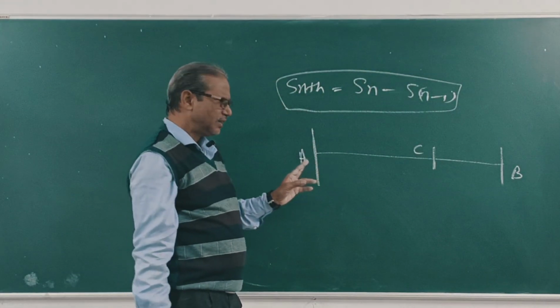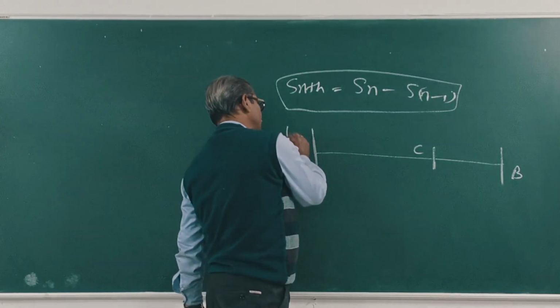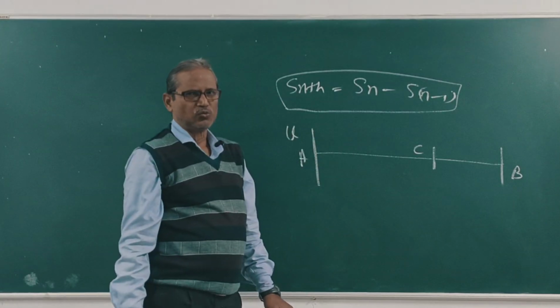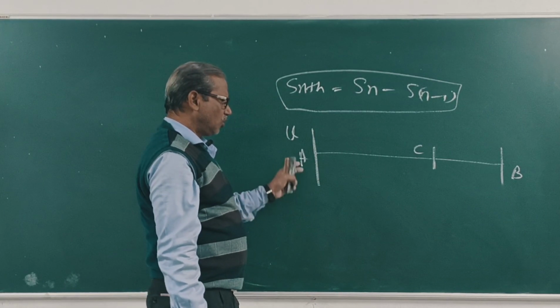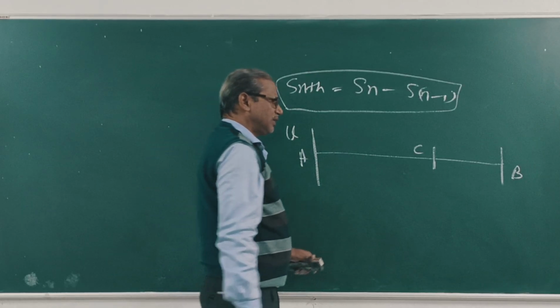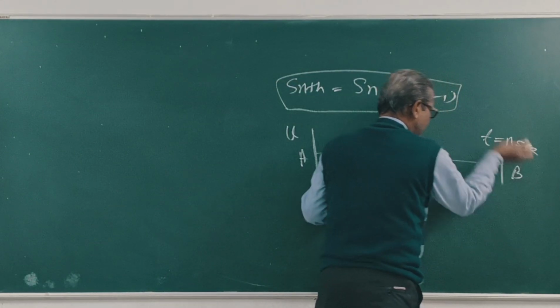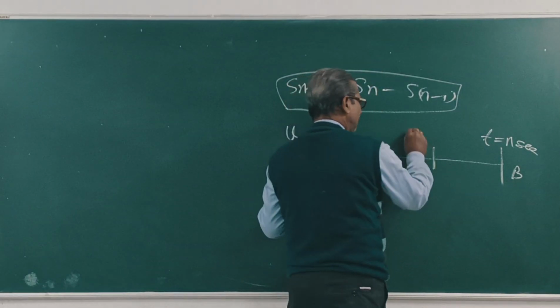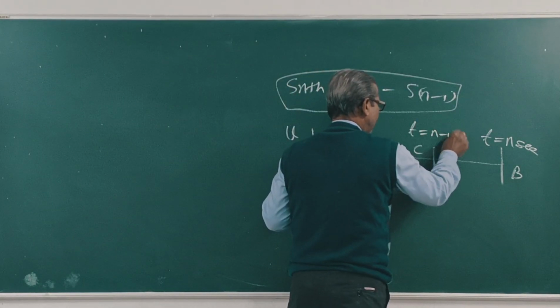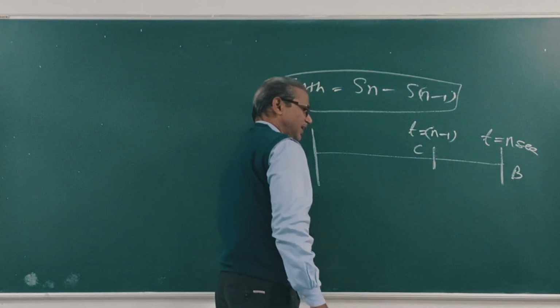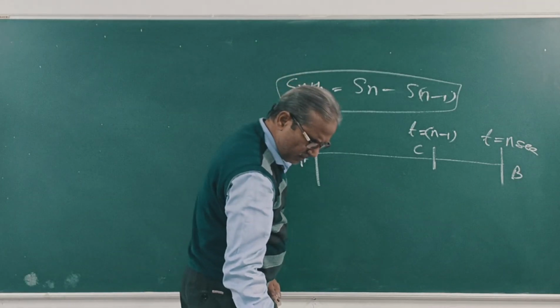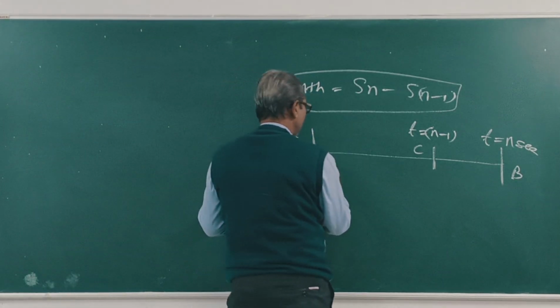At A, its velocity is u. From A to B, the time taken is n seconds. Just one second before, the time t is n − 1 seconds. Right? So this is equal to s_n.